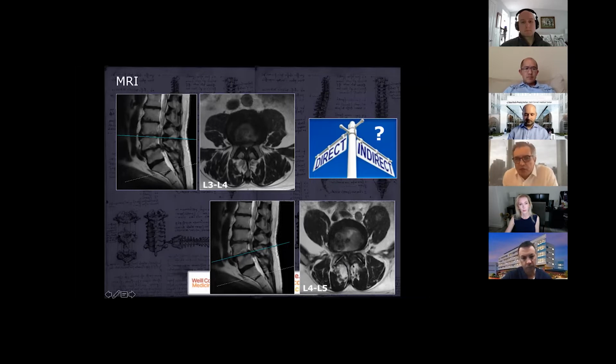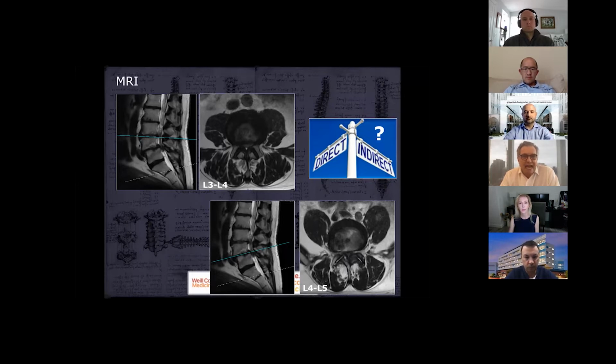What I want to point out here, and Wendy probably knows better than I do, is that he has very significant lateral recess stenosis. It looks like there's hypertrophy of the ligamentum flavum, maybe bony hypertrophy of the facet joint. So I think there's very significant lateral recess stenosis. How do I take that into consideration in my decision-making process?